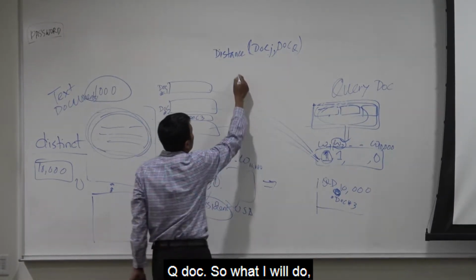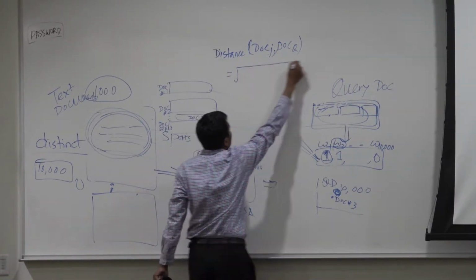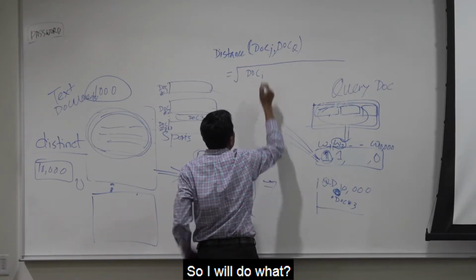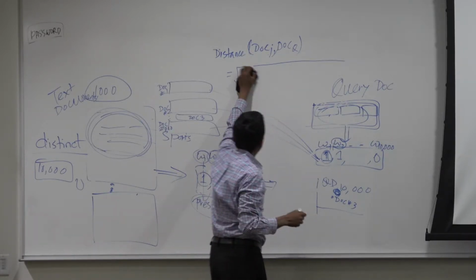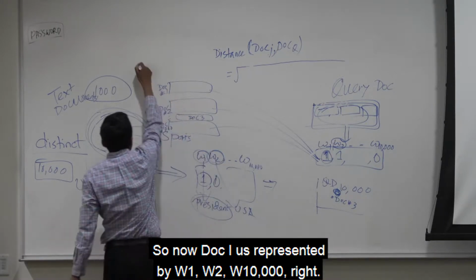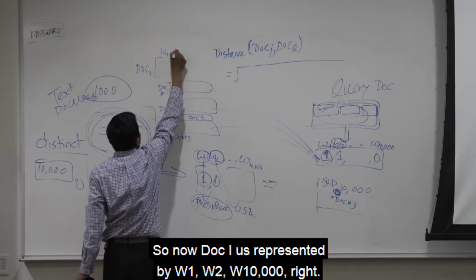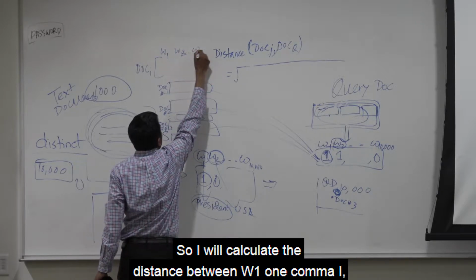I will calculate the distance like this. Doc I will be represented by W1, W2, up to W10,000, right?